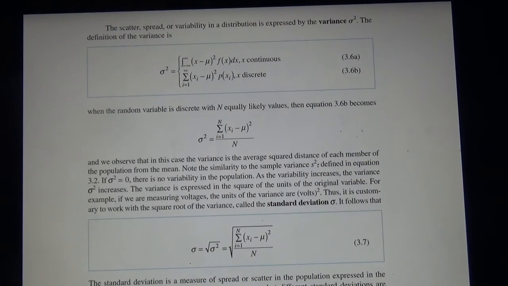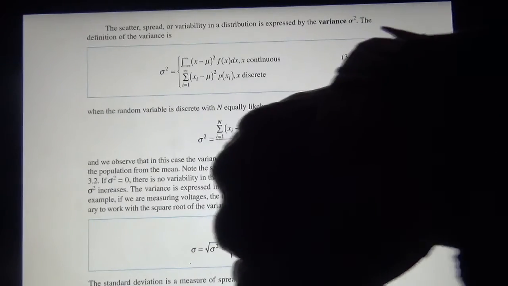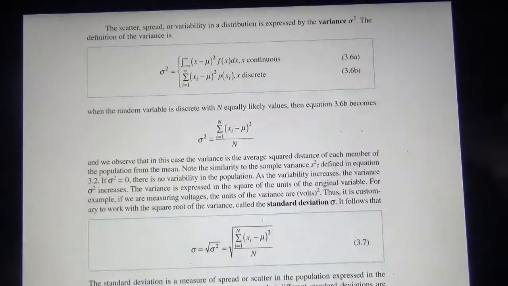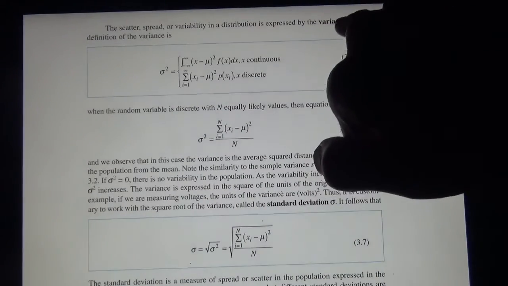So these are the sigma squared. Since this is the population standard deviation, its square is called variance, as we see here.